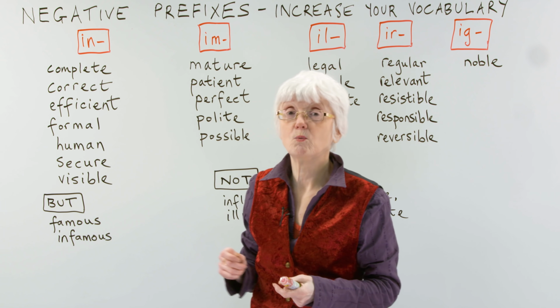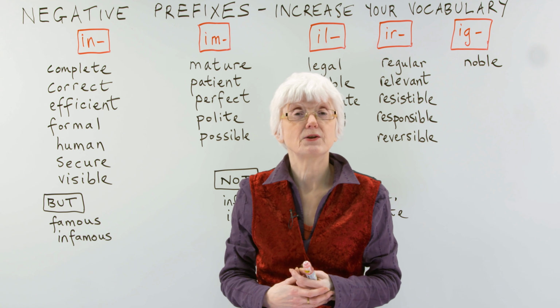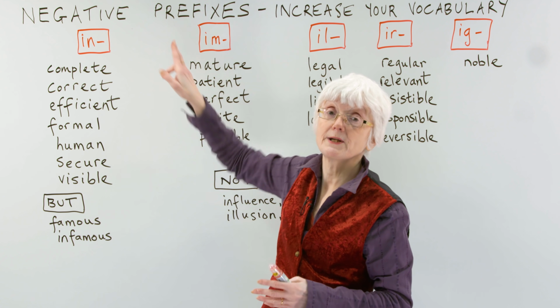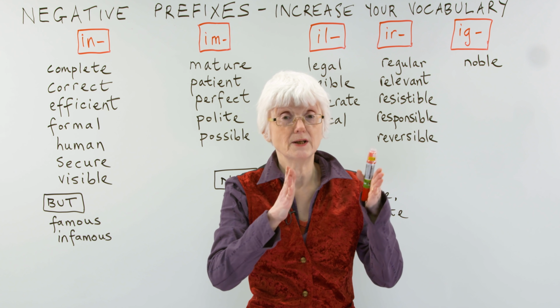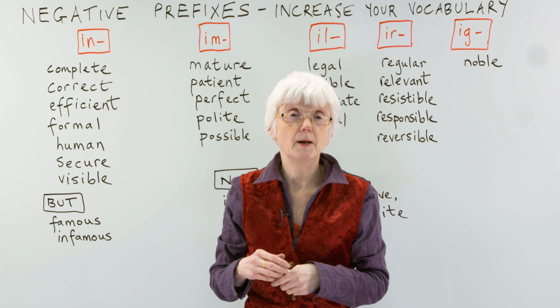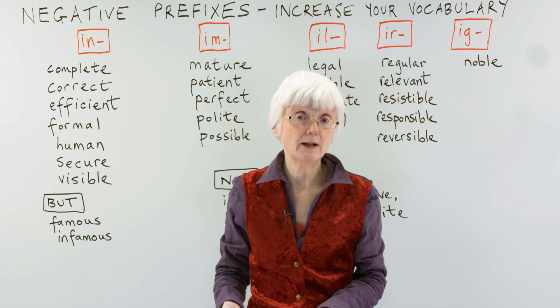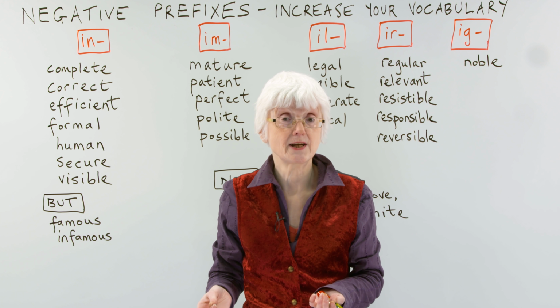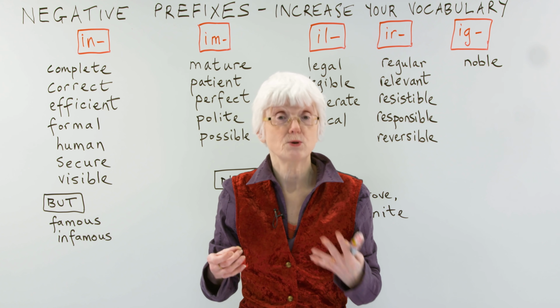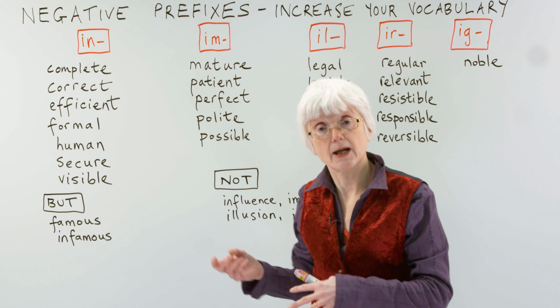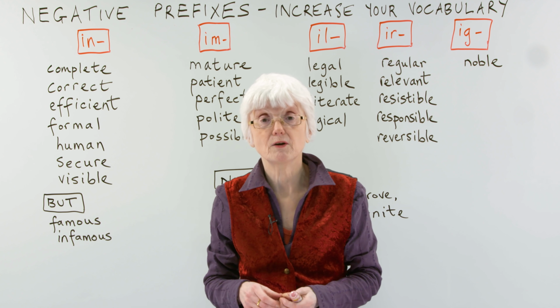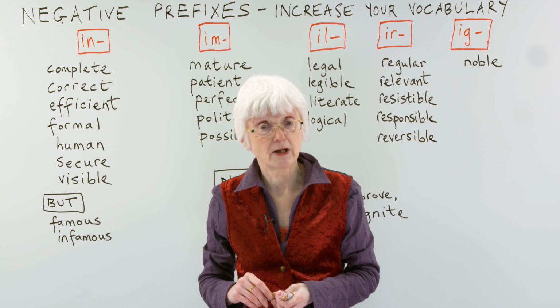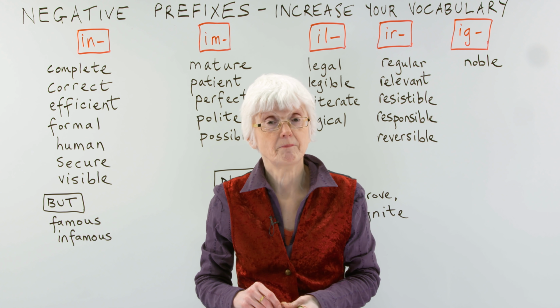Okay, so we're looking today at different, what are called prefixes, because you put it in front of the word. In English, there are 12 of these prefixes, so we're going to look at them in two different lessons. In this lesson, we're looking at 5 of them, and then in the other lesson, we'll look at 7.